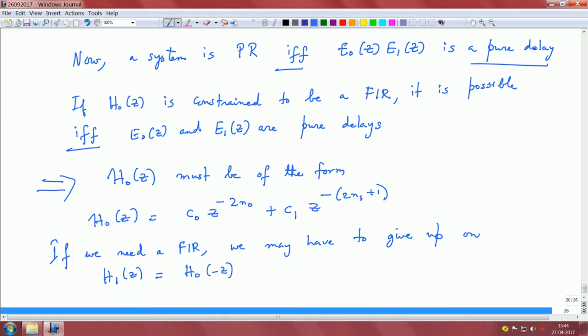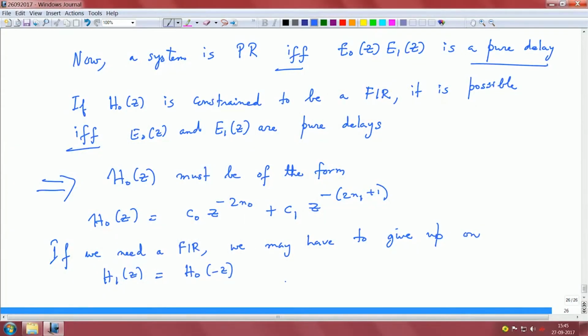I mean, it is ideally easy for us to have one base filter h0 of z, from which we can get h1 of z and from which we can synthesize other filters. But if we did not want to have a quadrature mirror property to get the high pass filter, and I want to restrict it still to be FIR for the base filter, then it is difficult to get possibly an FIR filter which satisfies this property, right. I mean, you can plug in a minus z here and you will see what the effect is.